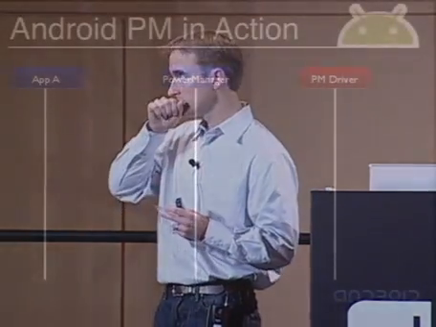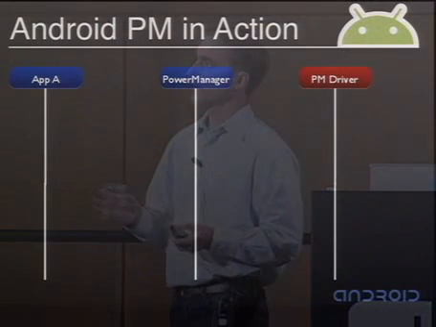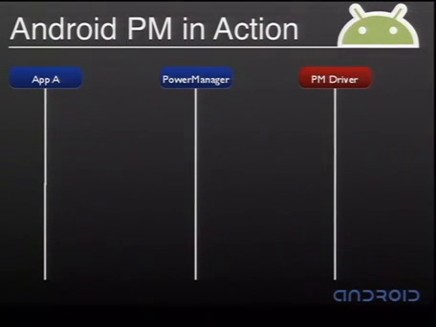So if we look at power management in action, you have application A again. You have power manager, which is really just a higher level abstraction on the power management driver. And you have the PM driver here. So application A is going to request a wake lock saying, I need a partial wake lock. Again, maybe it's playing an MP3, something like that.